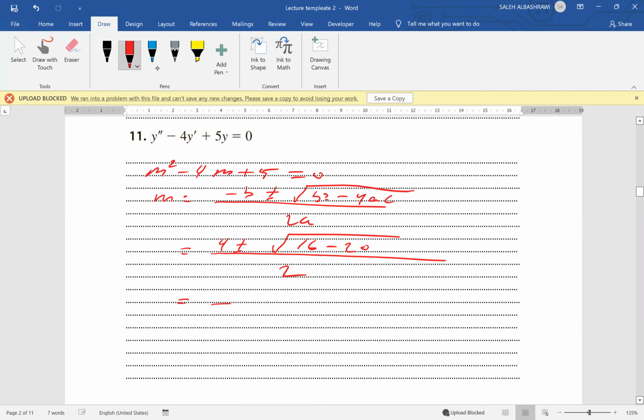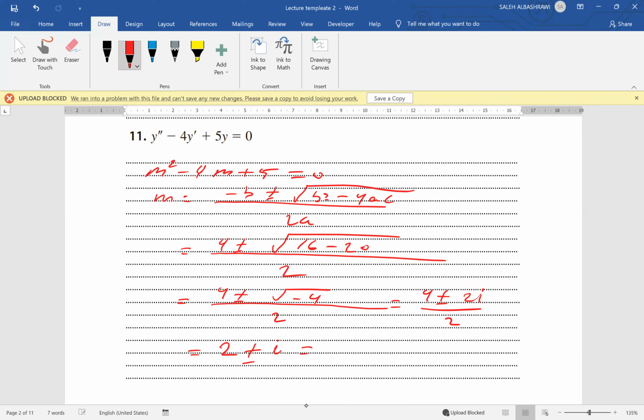This gives 4 plus or minus the square root of minus 4 divided by 2, which is 4 plus or minus 2i divided by 2. It is 2 plus or minus i.